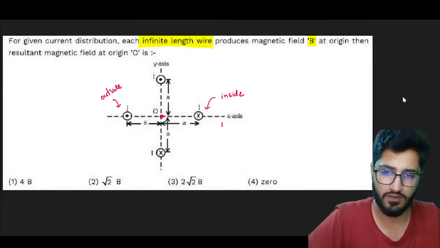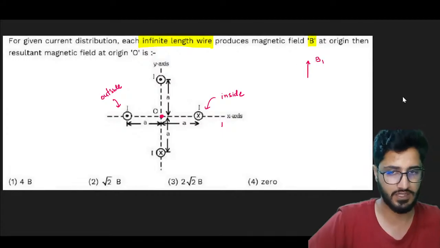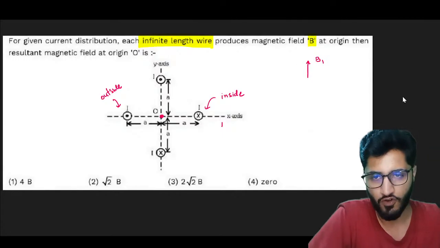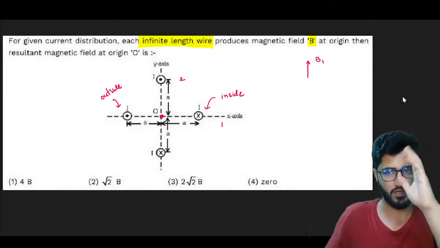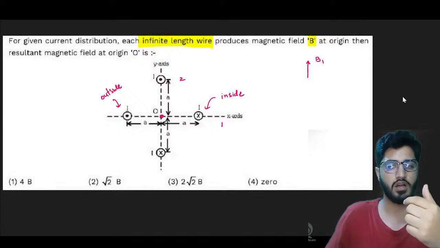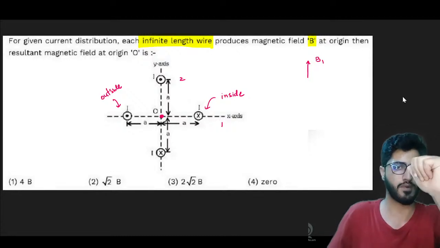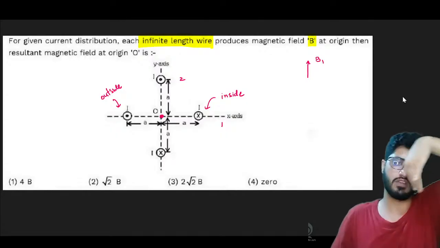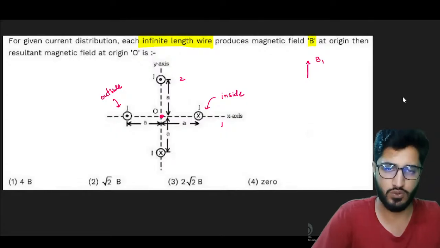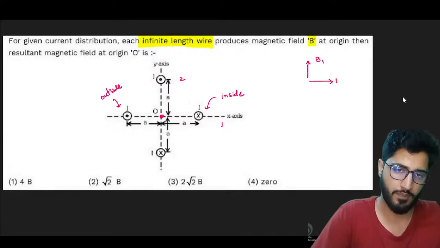So my B1 is upwards. For the second one, take your right hand. Your current is going outside the plane, so take your thumb outside. Stretch your fingers towards the point. B2 is coming out to this side.